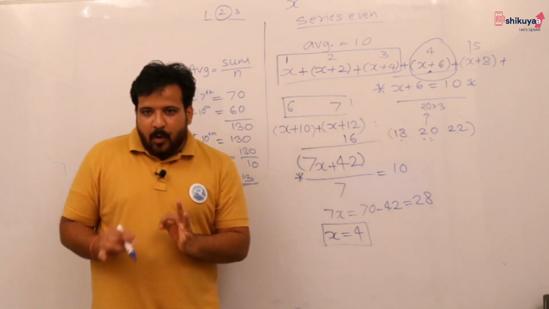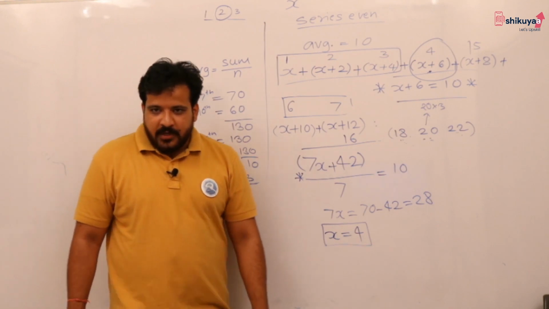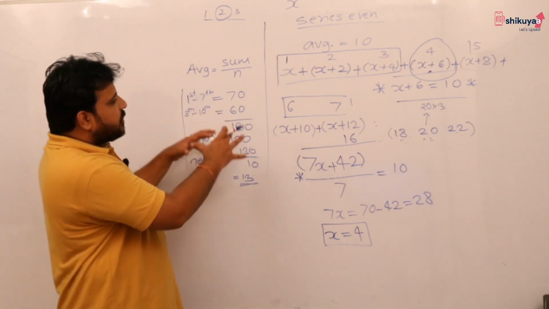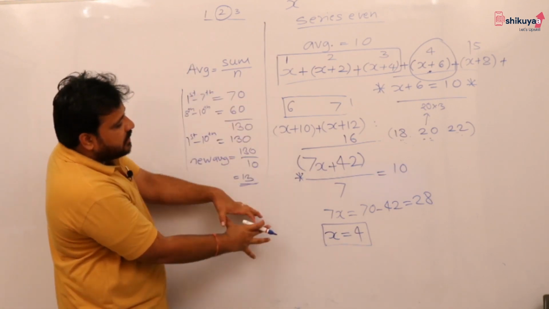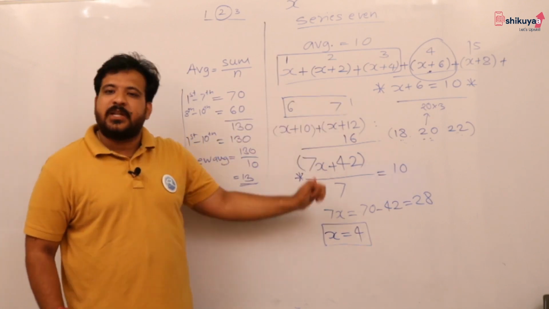Using that common sense, I have calculated x directly. Are you getting my point? I hope you have understood the mathematical calculations, the final answer, and two methods of calculating the initial numbers.